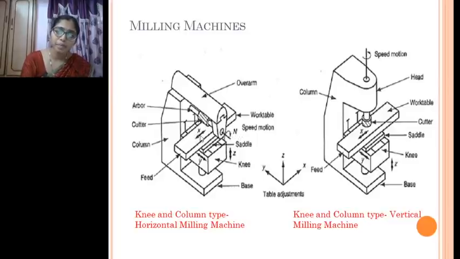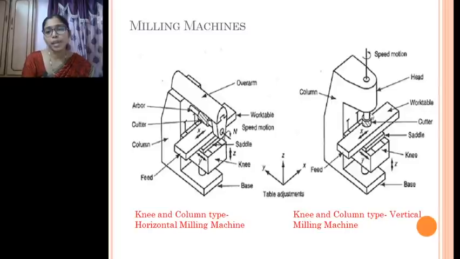At the same time, the knee, on which a saddle is placed, and on which the work table is placed and the workpiece is held, has the x direction motion, y motion, and also the z feed motion, whereas rotational motion is given to the tool.